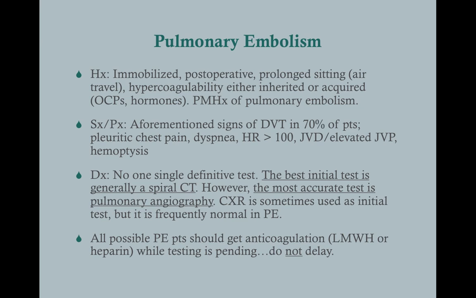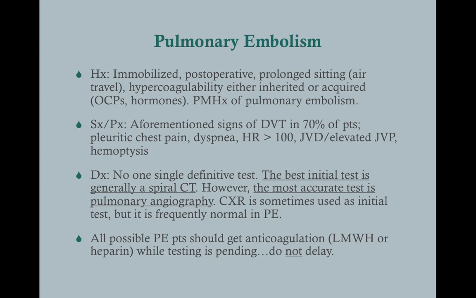For diagnosis, there's really no one single definitive test. They all have a misdiagnosis rate. Generally, the best initial test is going to be a spiral CT. And it's kind of middle of the road. It's not the most accurate, but it's definitely more accurate than some of the other tests that may be ordered. So that tends to be your best initial test.